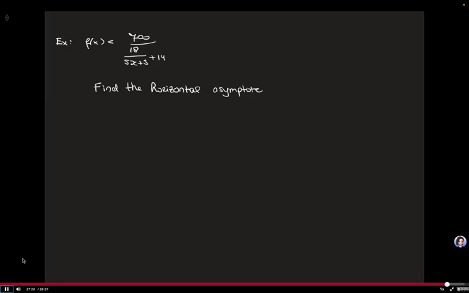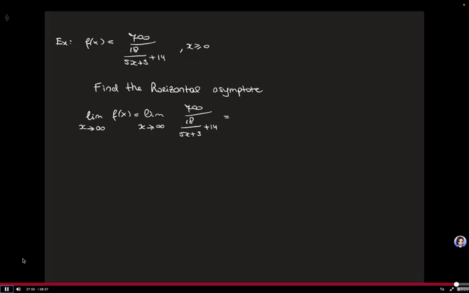Let's say that x is larger or equal than 0, so then we only look at the x's that are 0 or positive. So if we take the limit of x goes to infinity of f of x, the limit of x goes to infinity of 700 divided by (18 divided by (5x plus 3) plus 14).